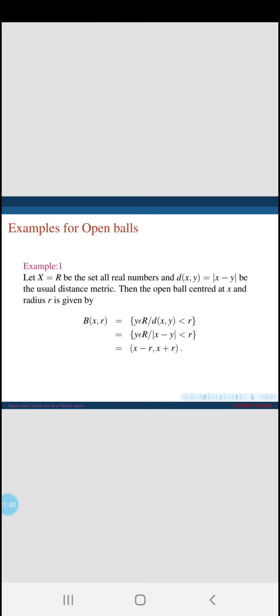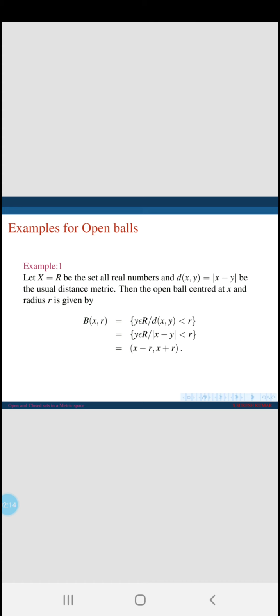Examples for open balls. Consider X equal to the set of all real numbers R, and let d(x, y) be the usual distance metric. Then the open ball centered at x with radius r is given by B(x, r) = the set of all y belonging to R such that d(x, y) < r.